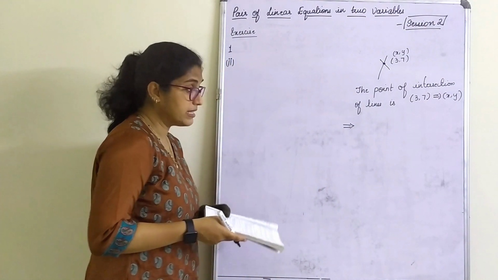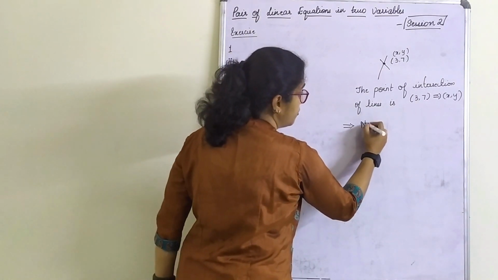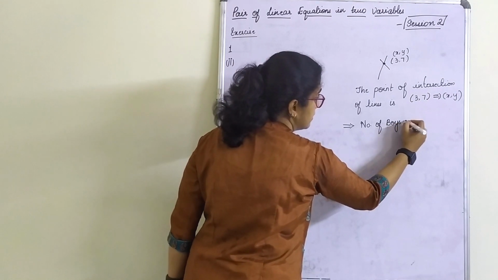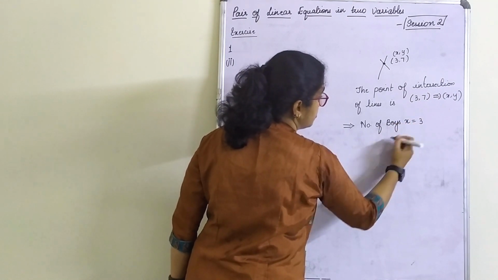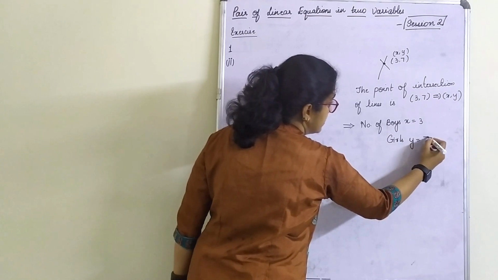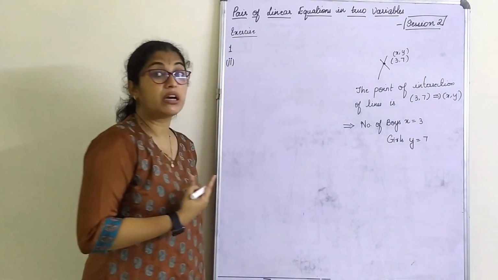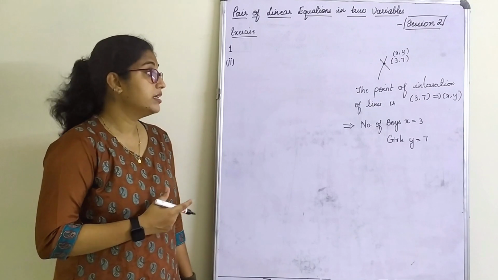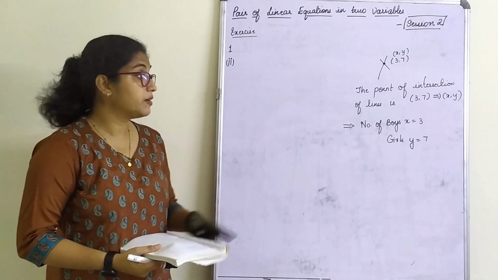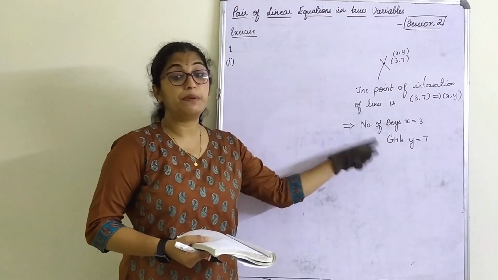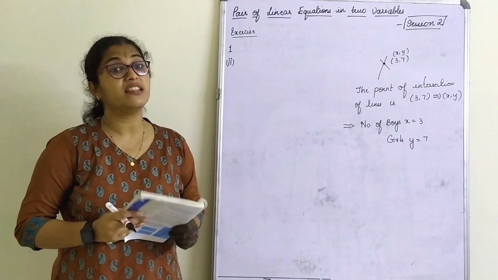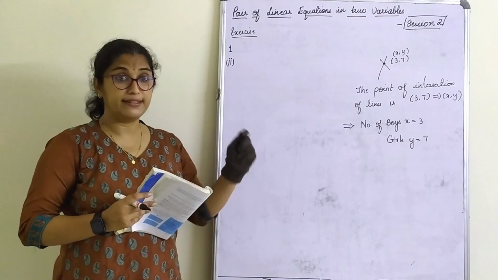What you had given x? Number of boys. Therefore, number of boys x is equal to 3 and number of girls y is equal to 7. This should be your conclusion in the previous one. Since if I tell orally you will not write, so I don't want you all to miss that. Please make a note of the previous sum. This should be the conclusion because we can find the solution at one point there.